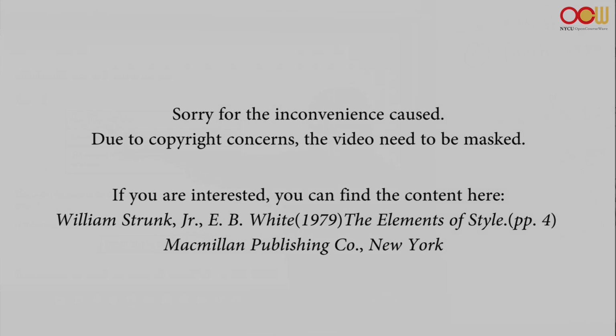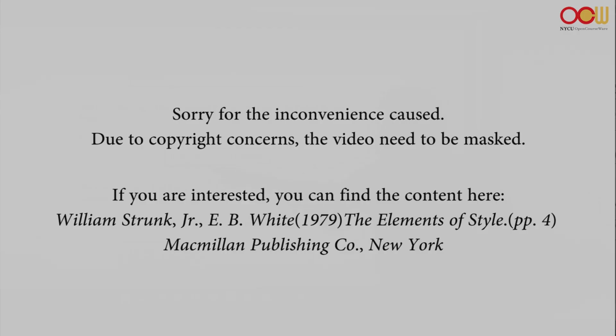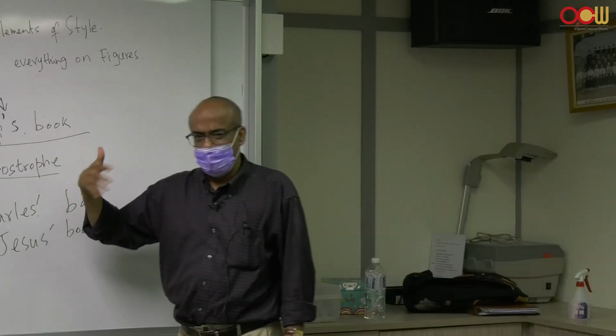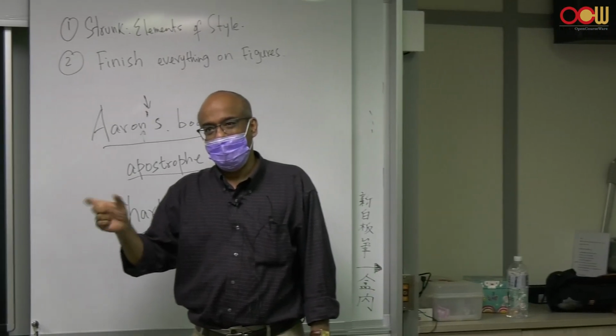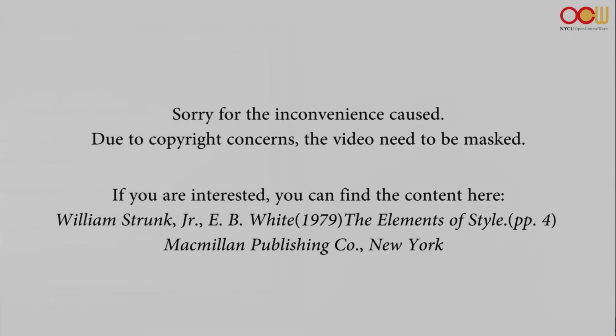Don't make this mistake. That means always put the comma. Only one exception, if it's the name of a company. You may omit that comma if it's the name of a company. But probably we will not be needing any name of company like this in our manuscript. So I'm just telling you.